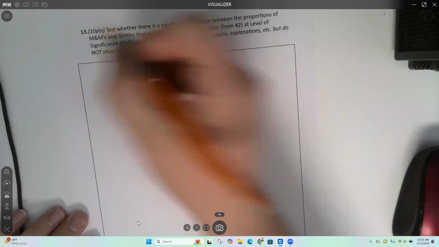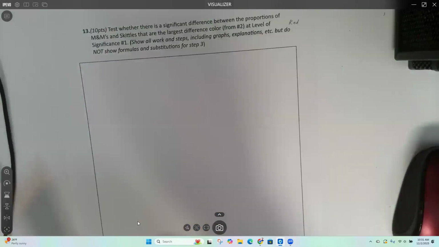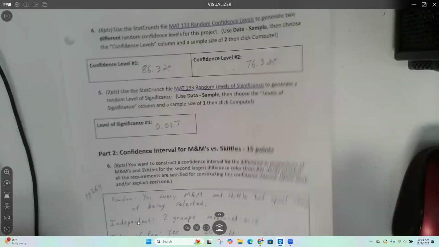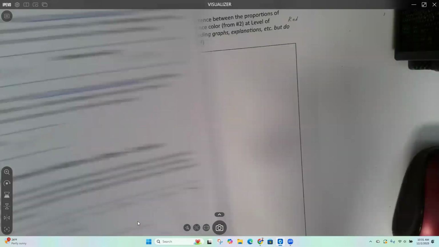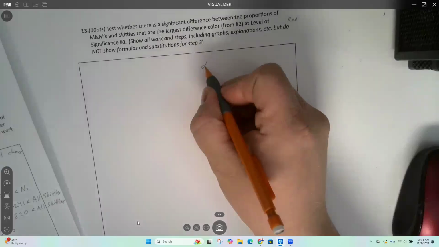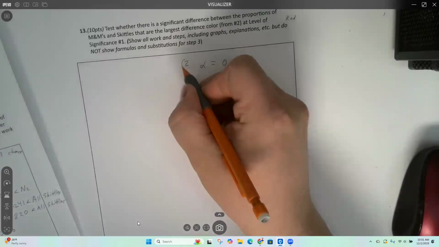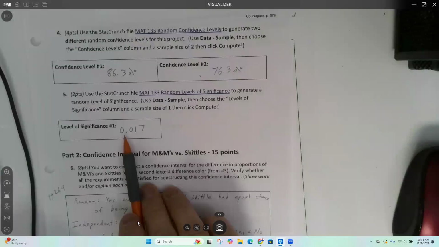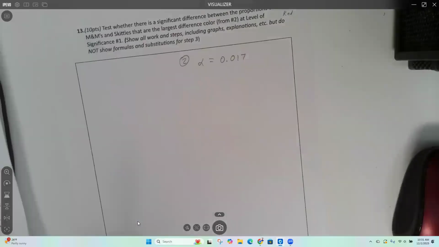Again, mine's red at level of significance number 1. For me, the level of significance is 0.017. That's going to be my alpha. So whatever you had on page 579, whatever you had for your random significance level, okay?